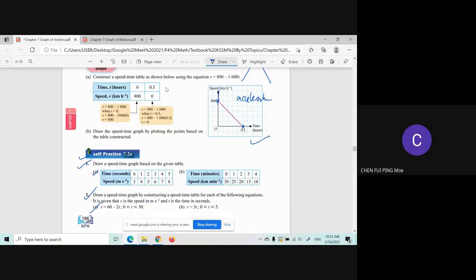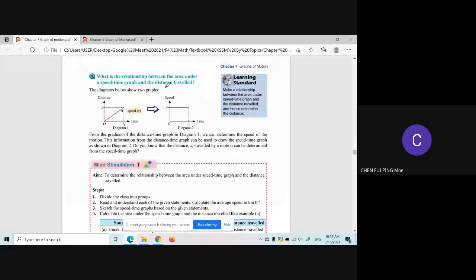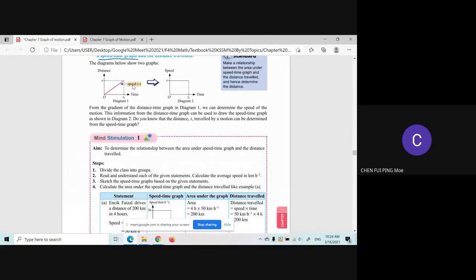Or sometimes they say rate of change of speed refers to gradient. So for this speed time graph, you have learned one more thing, which is the relationship of the area under the graph. Besides the gradient, you also learn the area under the graph.